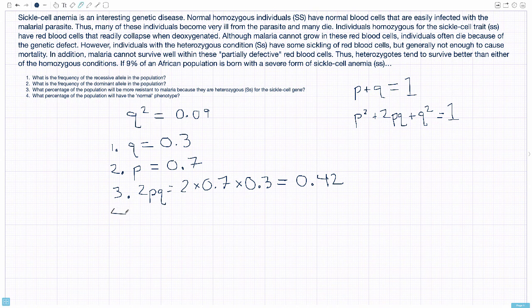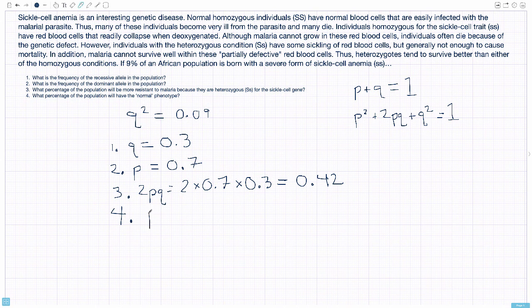And finally, number 4 is asking what percentage of the population will have the normal phenotype. Okay, so notice I didn't say genotype here, I said phenotype. But because of the way this disease is inherited, the homozygous dominant genotype is the only way to get the normal phenotype.